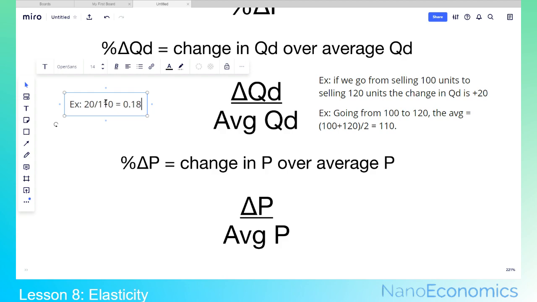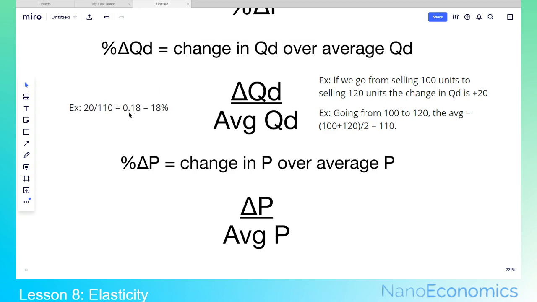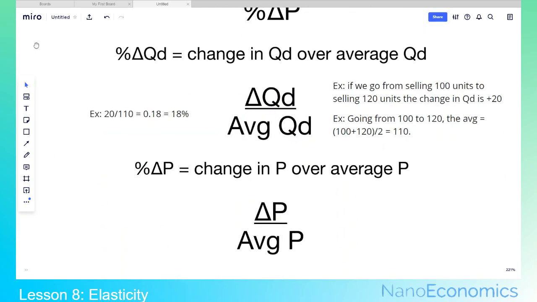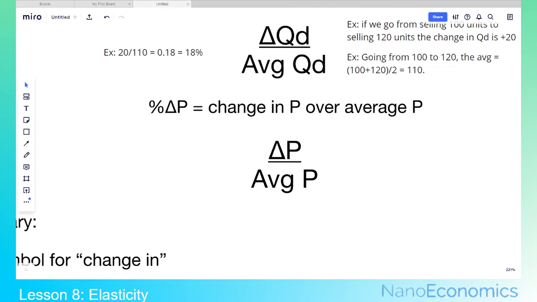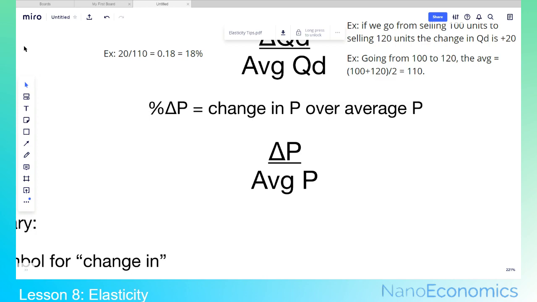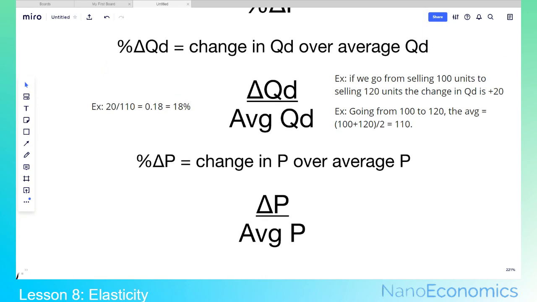If we wanted to think about that as a percent, it's 18%. We're finding that percent just by moving the decimal over 2 places. We end up with 18%. So the top of the original fraction that we looked at, percent change in quantity demanded, could be written as 0.18, or we could just think of it as 18%, depending on how the question's worded and how detailed we need to be.